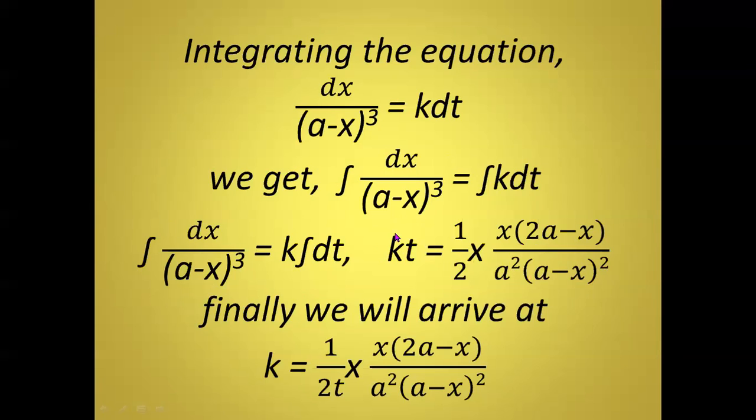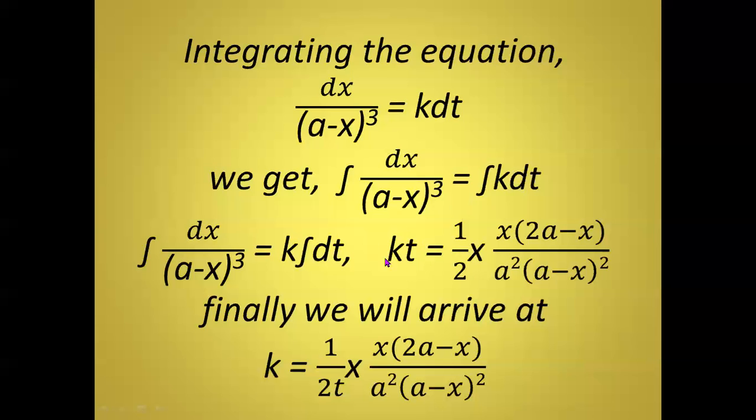We need only rate constant, that means the equation to find rate constant. So we can send this time t to the right side. It will give you the final equation for k, which is like this: 1 by 2t into x into (2a minus x) divided by a square into (a minus x) whole square.